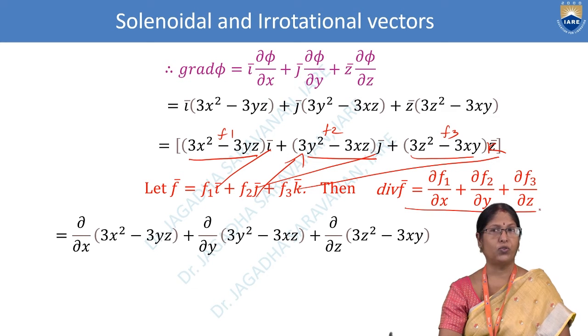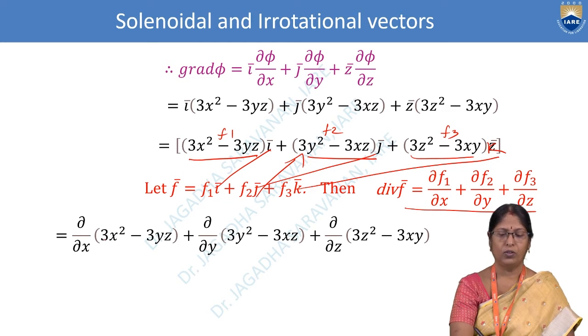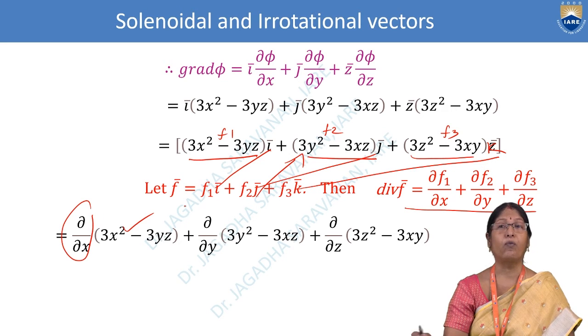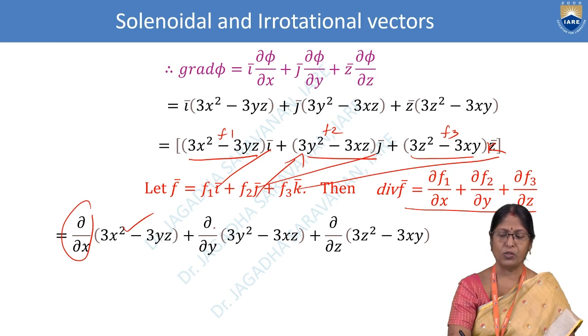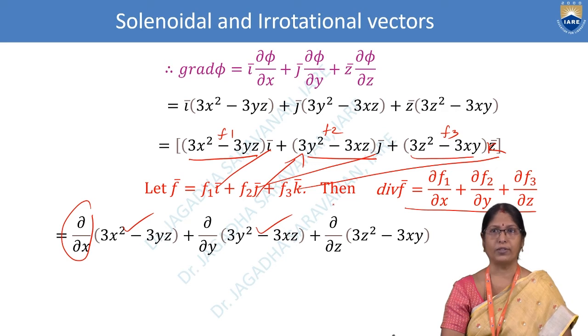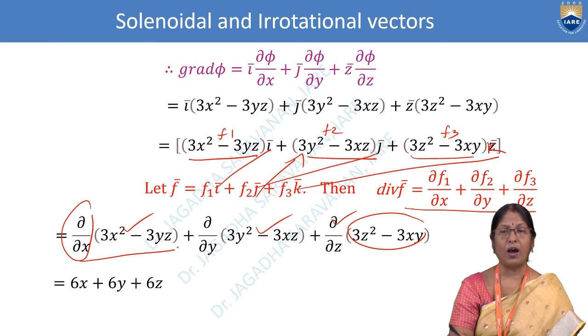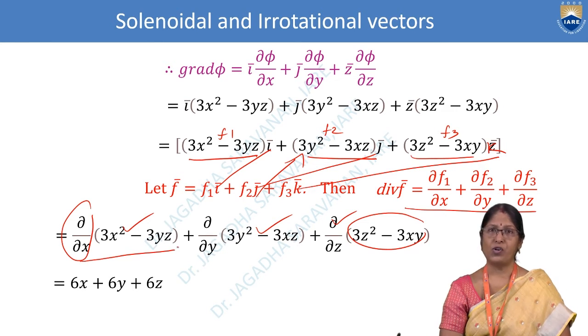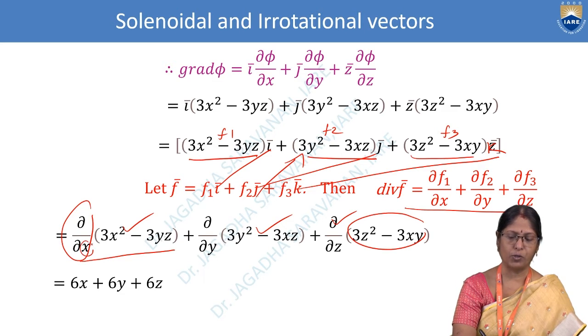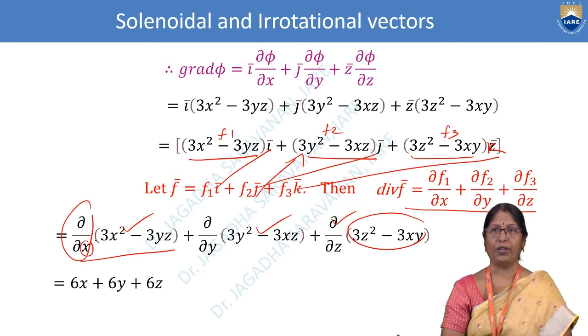This is the divergent formula. So dou by dou x, f1 is substituted, plus dou by dou y, f2 is substituted, plus dou by dou z, f3 is substituted. So now we have to do the partial differentiation with respect to x.